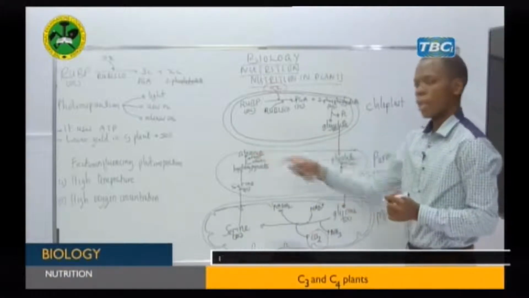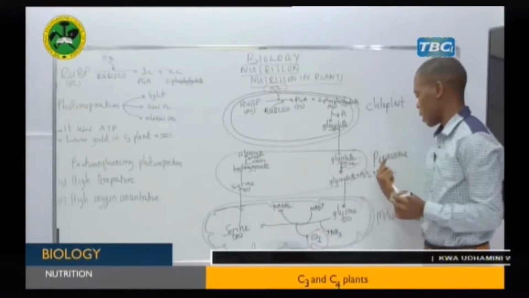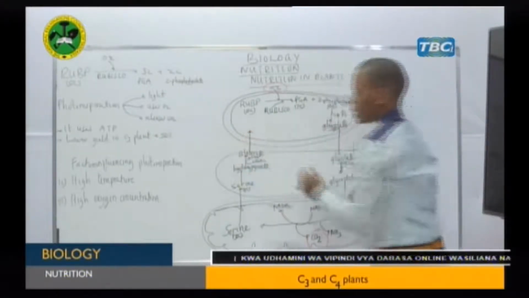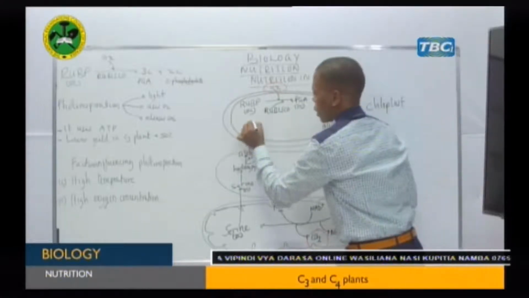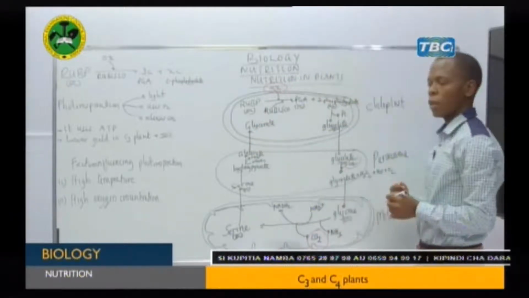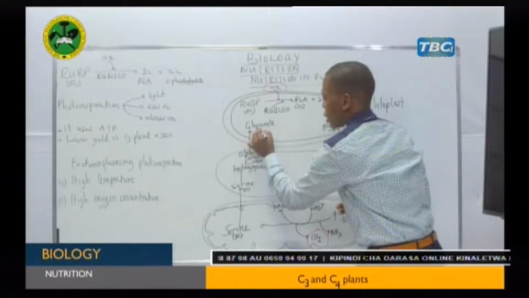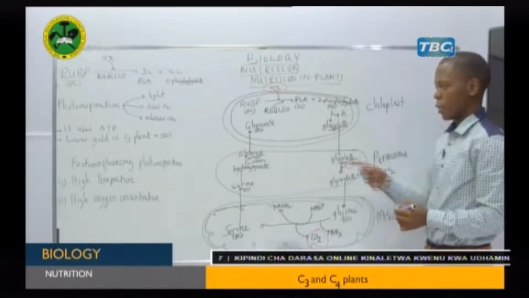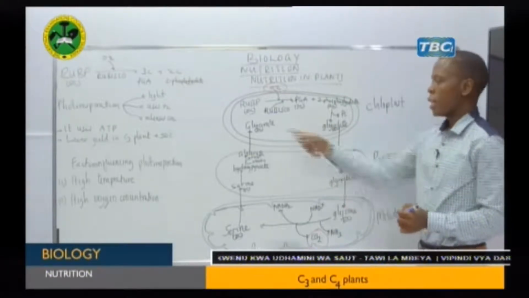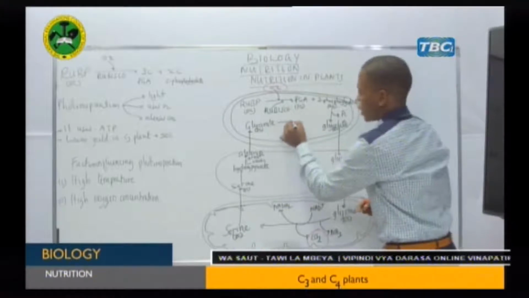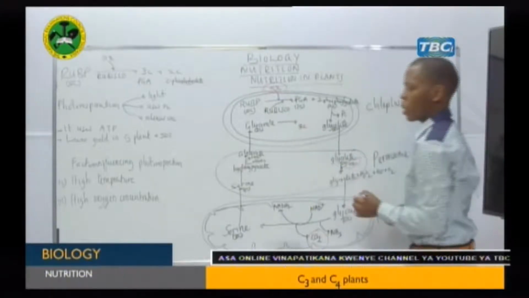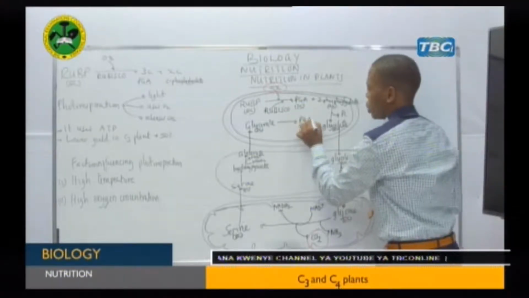Yes, now we have this glycerate. After formation of this glycerate in the peroxisomes, this glycerate is transported to the chloroplasts. Remember that this glycerate is a 3-carbon compound. After transportation from the peroxisomes into the chloroplasts, this glycerate is converted into another 3-carbon compound known as PGA.